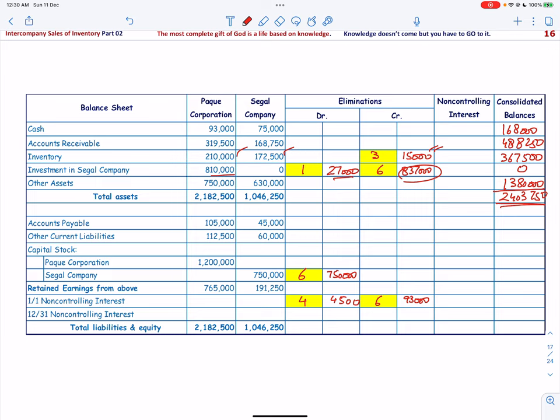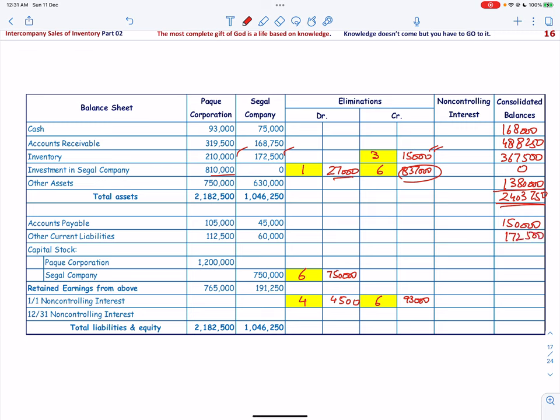First of all, we have the accounts payable for the parent and accounts payable for the subsidiary, that total is equal to 150,000. Then we have other current liabilities of the parent and the subsidiary, that is equal to 172,500.